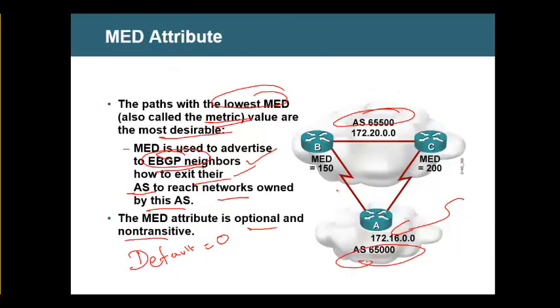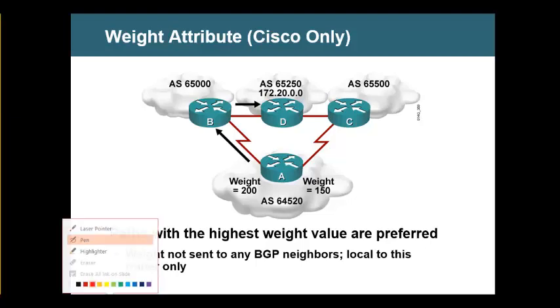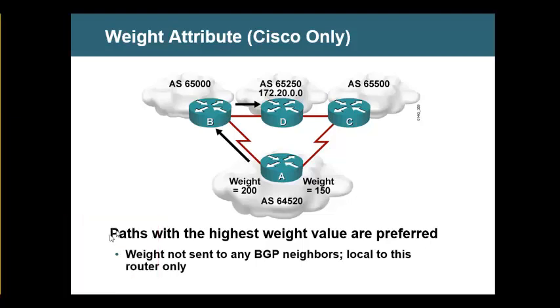Fine. Next is weight. Weight is an attribute which Cisco says is very important. So in the attribute list, weight will always be on the top. Now, what is the weight attribute?